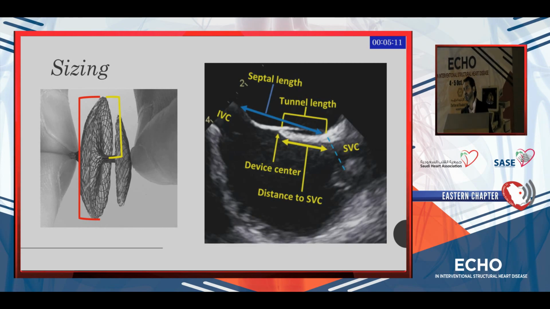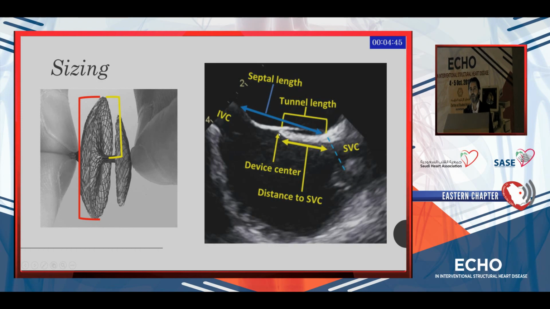Okay, so how to really do some sizing? It differs. There is no exact guideline. Some people like to do balloon sizing, but the way I like to do it is you need to know two numbers from the device perspective: the radius of the device and the diameter of the device. The radius of the device, you can see it here in the yellow line, should not exceed the distance from the device center, where you have here the thick septum secundum and this is the thin primum.